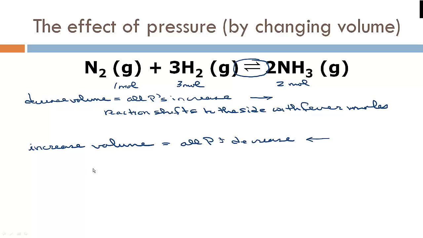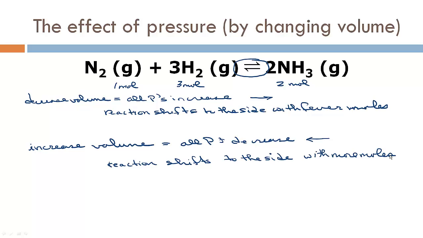So the reaction shifts to the side with more moles. So that's how we take care of changing volume and affecting all the partial pressures simultaneously.